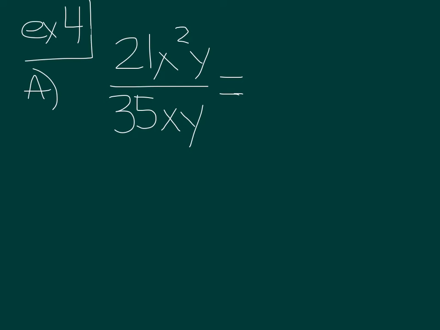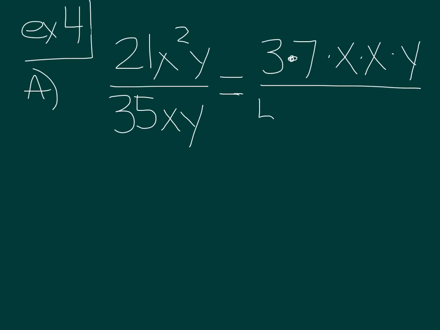Basically what you're doing is writing out your factors, prime factorization. Of 21, you have a prime factorization of 3 times 7, and then with the letters, it's times x times x times y. And that's all over 35. Its prime factorization is 5 times 7, and then times x times y.